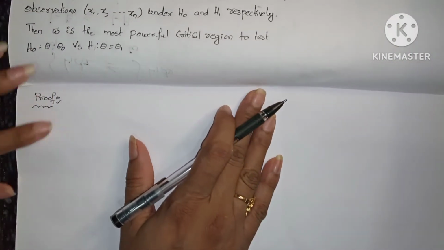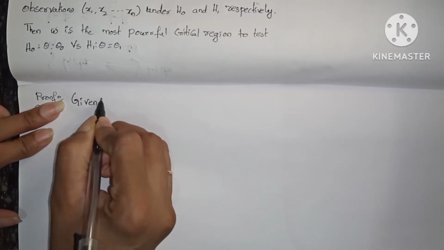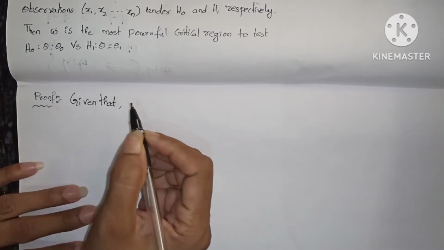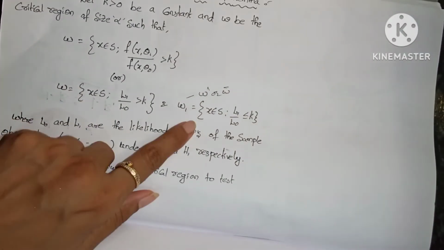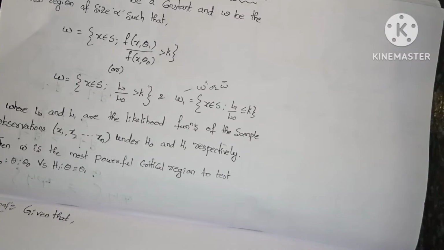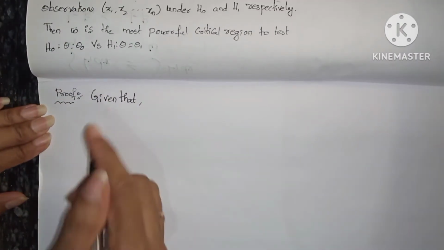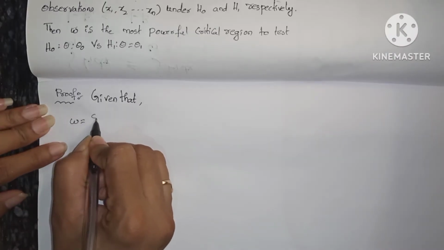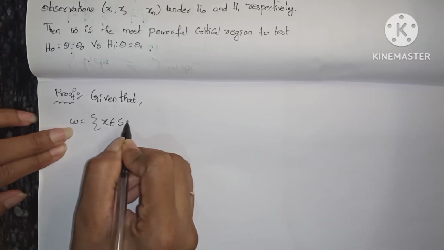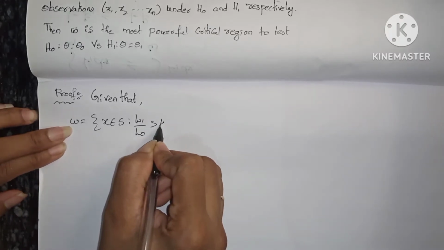Okay, so now let me explain the proof. Given that, what they have given we have to write. They give omega and omega dash, two sets, so we will write the two sets first. Given that omega equals x belongs to S such that L1 by L0 greater than k.